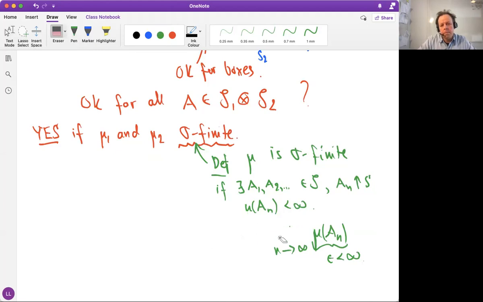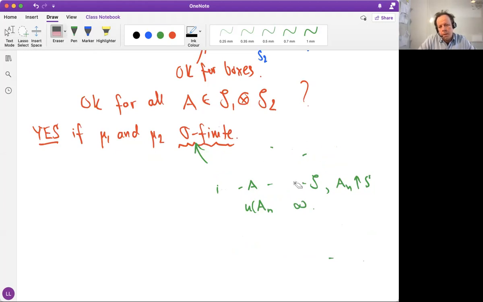Let's clean this up now. And maybe we could write it as a theorem.